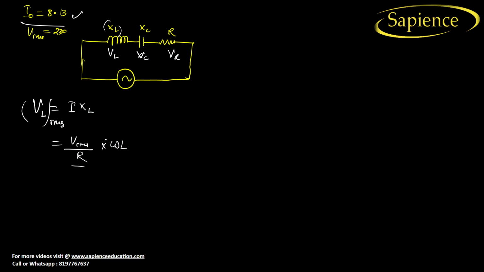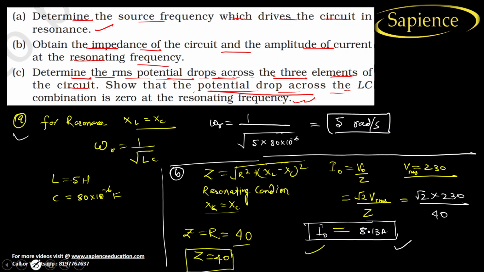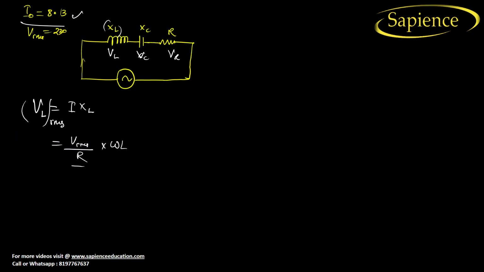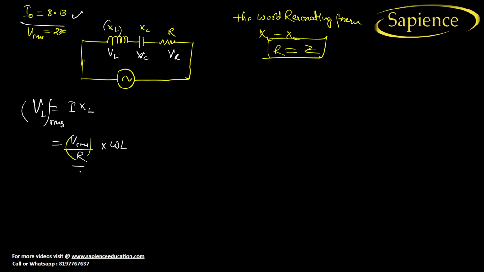Because in this section they are telling that the combination is zero at the resonating frequency. When they use resonating frequency, it means that XL is equal to XC, so the overall resistance, that is impedance Z, is R. We have done this one, so that's why I'm using this one only.